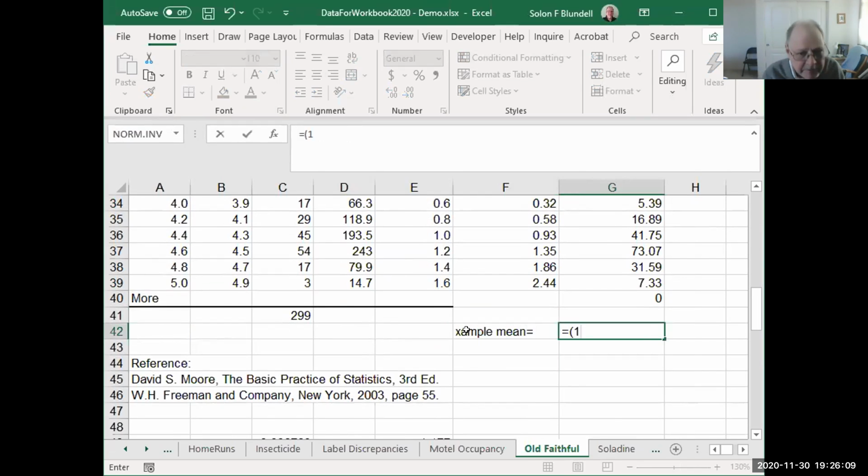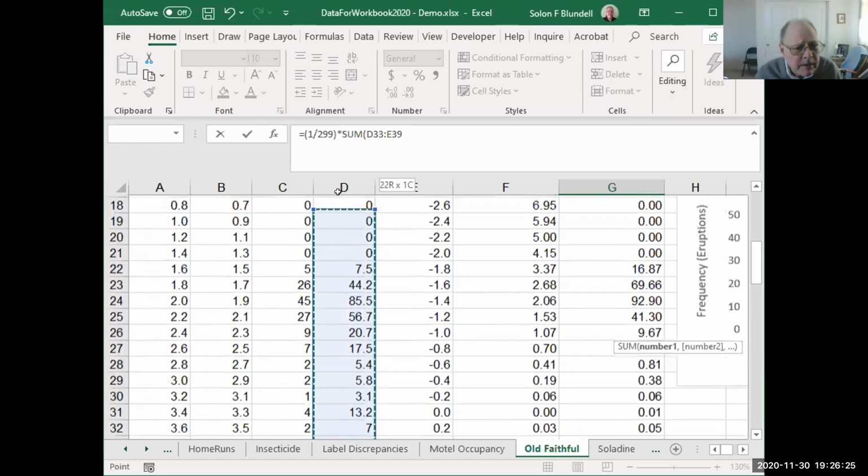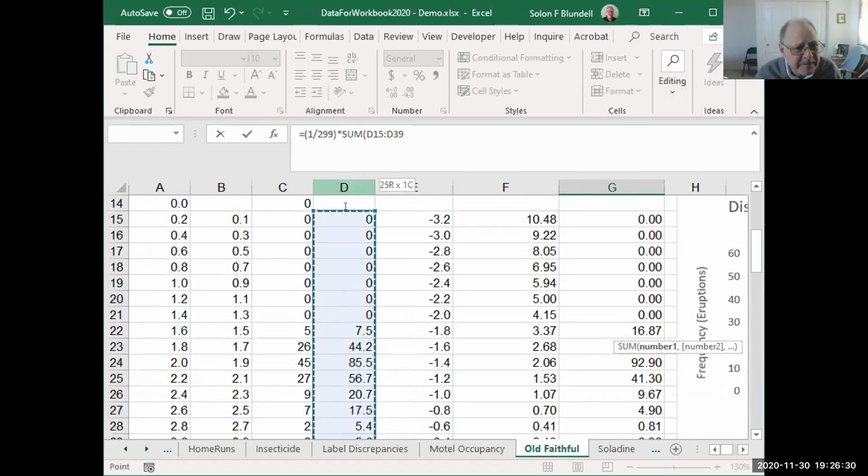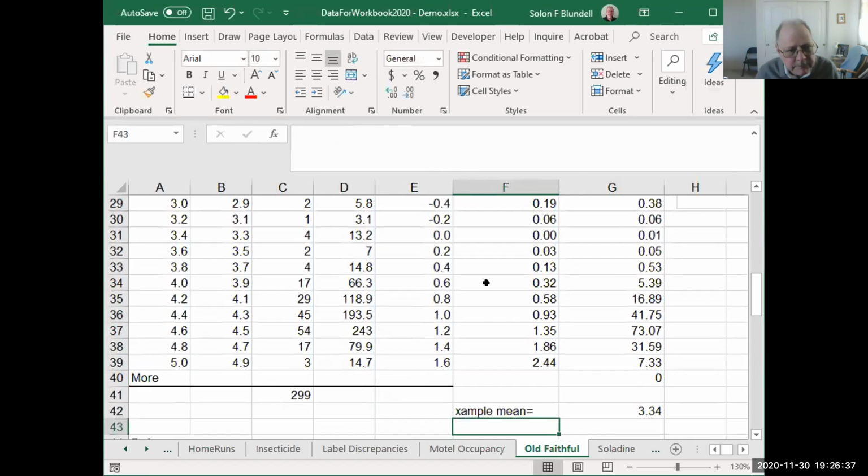To get the mean, I'm going to do 1 divided by 299, and then make the sum of all the FJs times XJs. So I get 3.34 minutes.